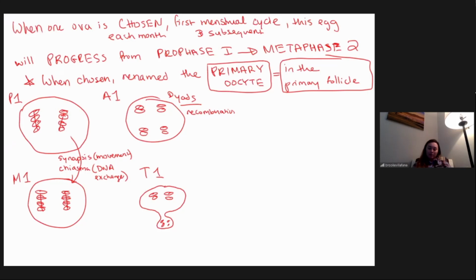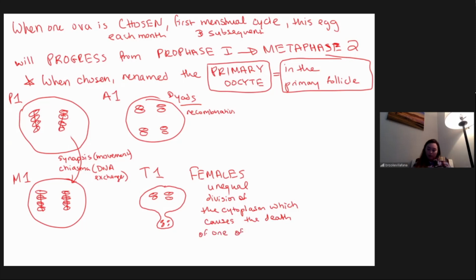But the thing that happens in females is that there is an unequal division of the cytoplasm in telophase 1, which causes the death of one of the basically byproducts, which would have 46 DNA. 23 dyads.